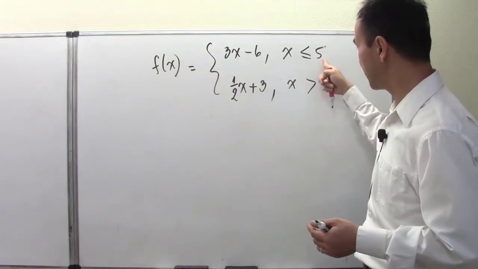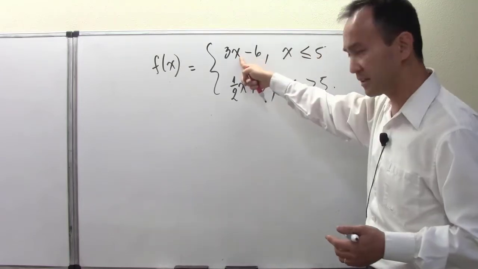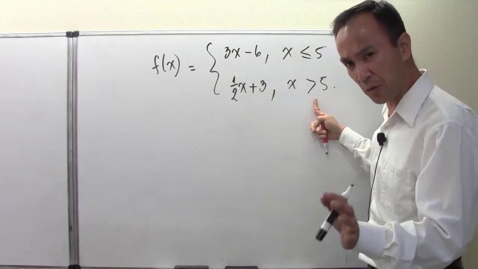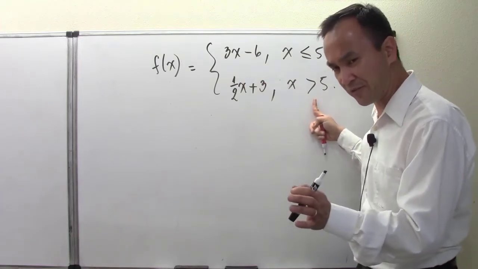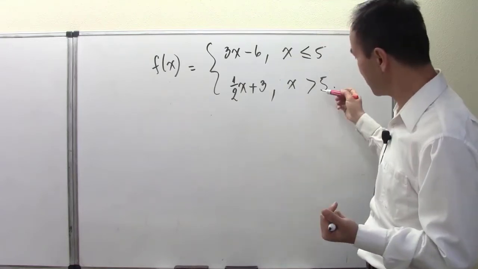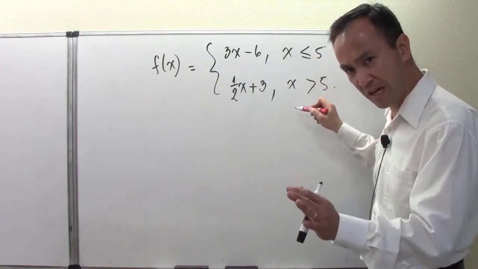When it's less than or equal to 5, it's this rule, and when it's greater than 5, it's this rule. I just want to throw in this extra clarification for any of you who desire to learn the deep end of that. But when you write your own function, something like this will for sure be an error.